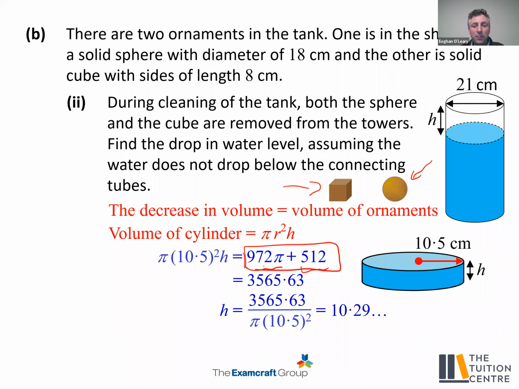It's equal to 10.29. And because the drop is split between the two towers, it's going to be half of that total fall of 10.29, half of that's going to be 5.1 centimeters.